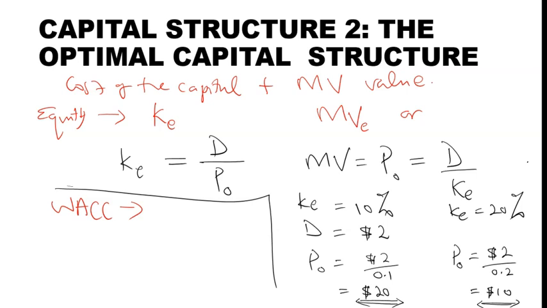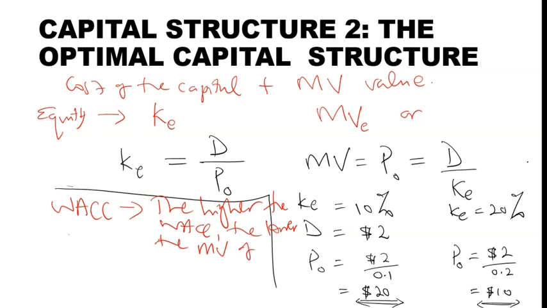Okay, so by the end of the day, we then need to weight up all those capitals and come up with an average. Now, the essence is the higher the WACC, the lower the market value of the firm.